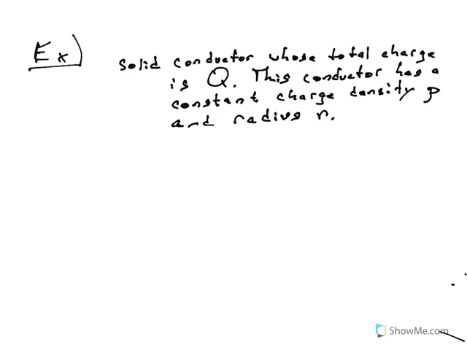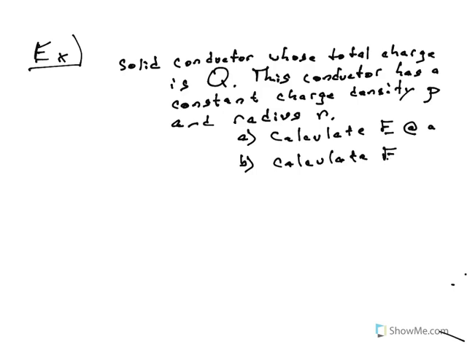All right, the question is, part A, calculate E at point A, and then for part B, we'll calculate the electric field at point B. And when I say that, here's the picture. Here's our conductor, here's our sphere of charge.